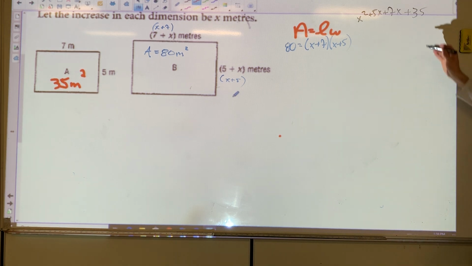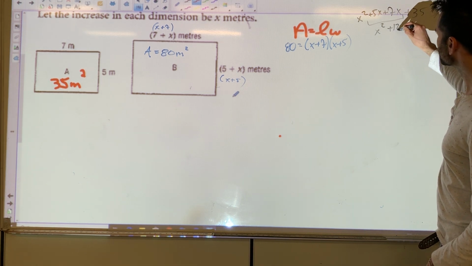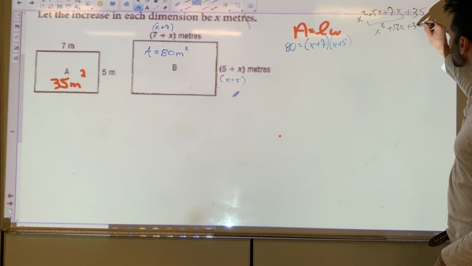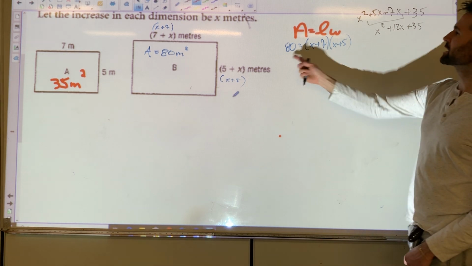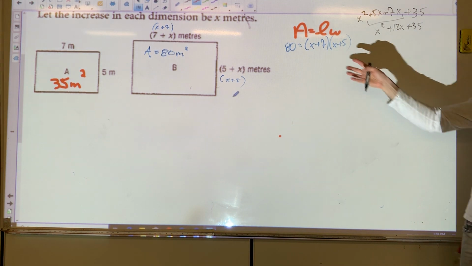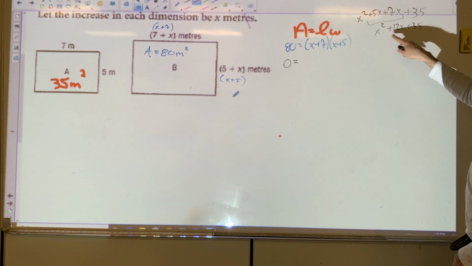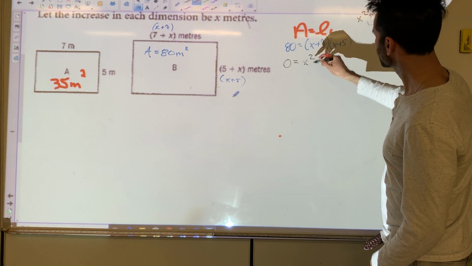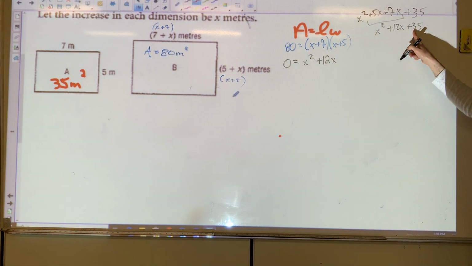There you go. We can group those like terms to get 12x, so I get x squared plus 12x plus 35. Then I'm going to subtract 80 from both sides, because I need to set it equal to 0. So x squared plus 12x, and what's 35 minus 80?